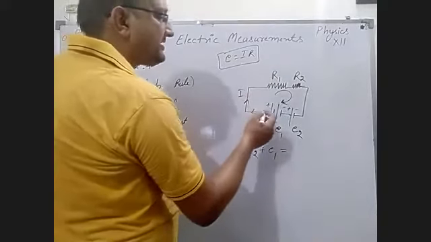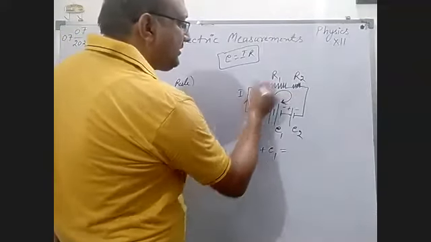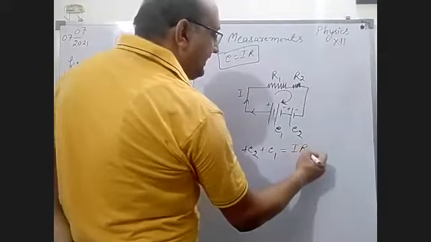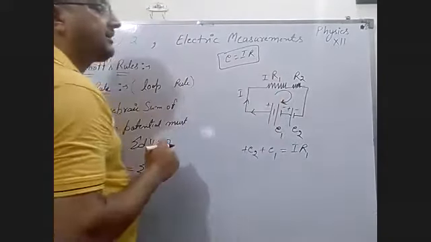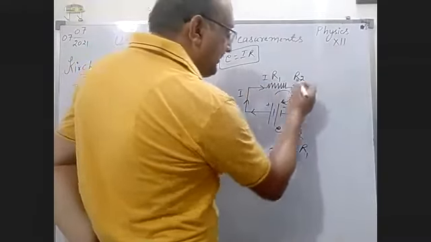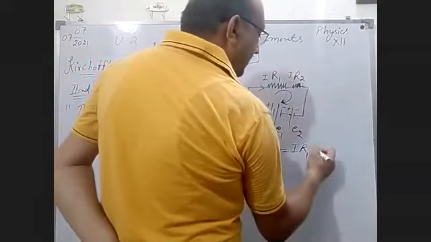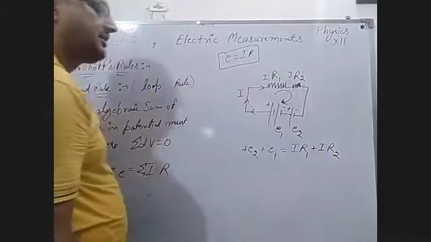Now current and resistance terms are there. Current moves also in this direction. I into R1, because I pass from R1 in such a way according to this loop, and this I also passes through resistance R2.